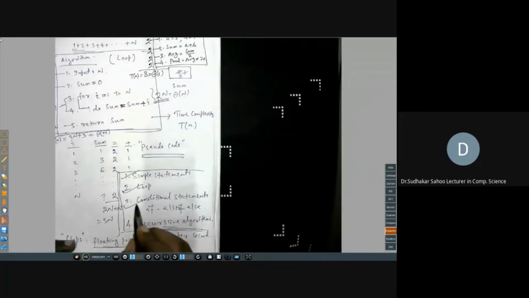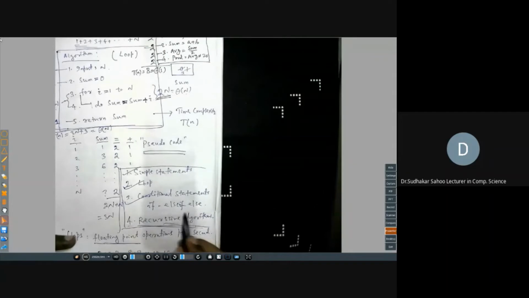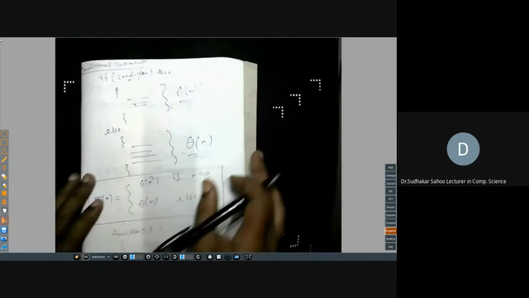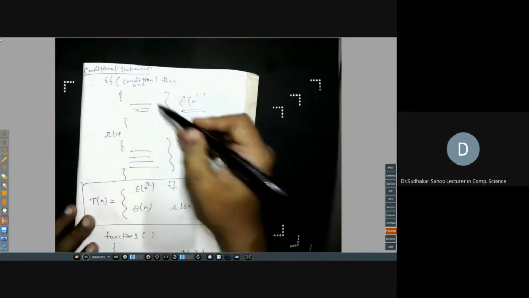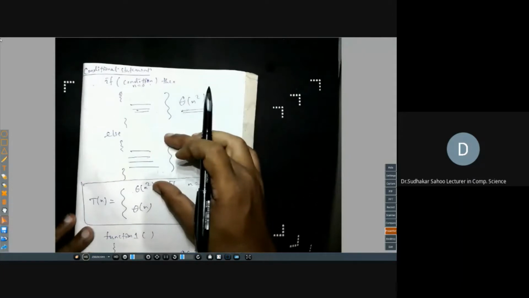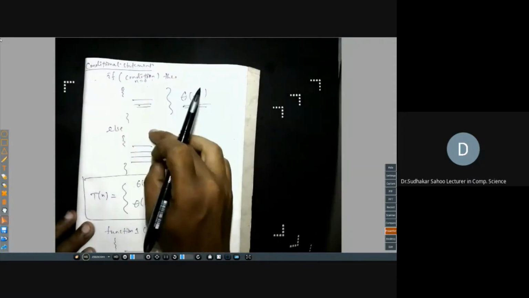And if your algorithm contains if else statements, these types of conditional statements, then how do we find the time complexity? That we have written. Suppose this is the if module, this is the else module, or there might be an else if and another else module.